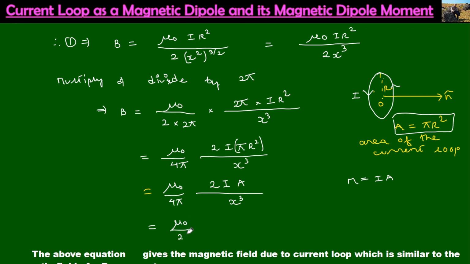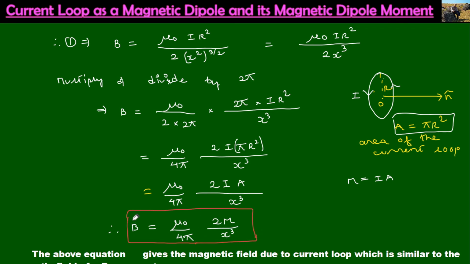That means mu naught by 4 pi, twice capital M divided by 1, divided by x cube. So this will be the final form for the expression of the magnetic field due to a current loop.